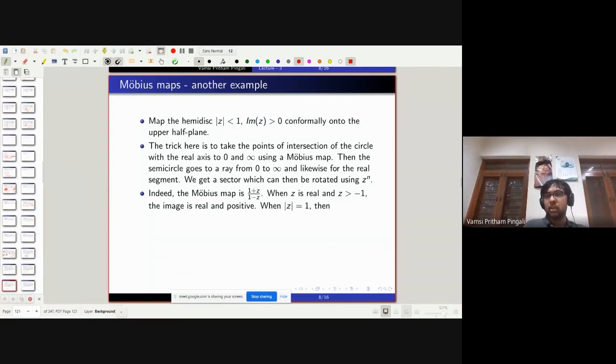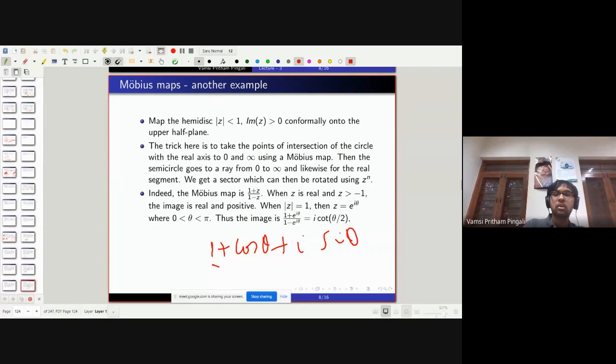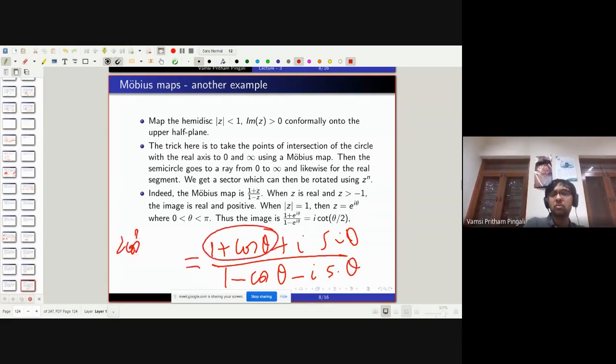When mod z is 1, then z is e raised to i theta, where theta is between 0 and pi. Therefore, the image is 1 plus e raised to i theta, which is 1 plus cos theta plus i sine theta, by 1 minus cos theta minus i sine theta. You can simplify: 1 plus cos theta is 2 cos squared theta by 2, plus sine theta is 2 sine theta by 2 cos theta by 2, by 2 sine squared theta by 2, minus 2i sine theta by 2 cos theta by 2.